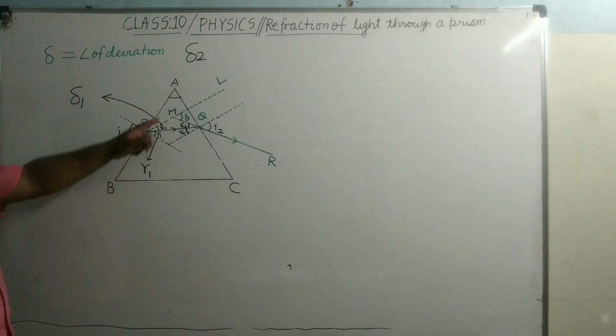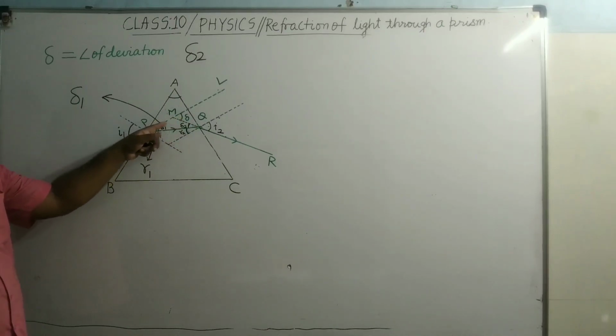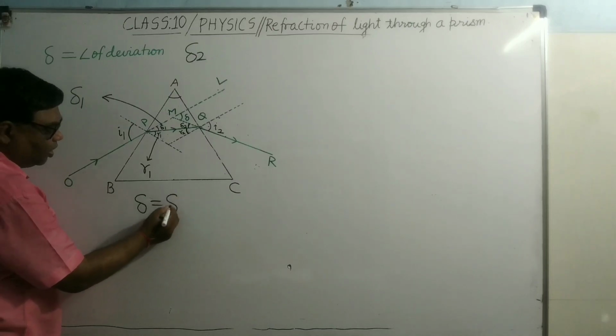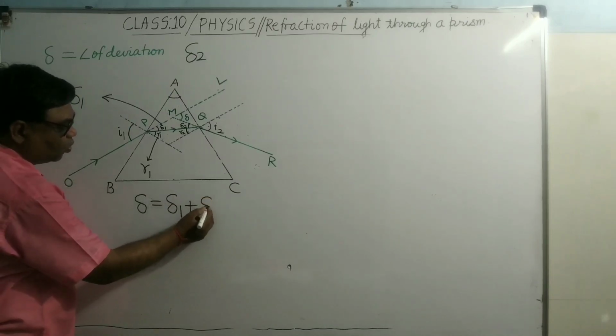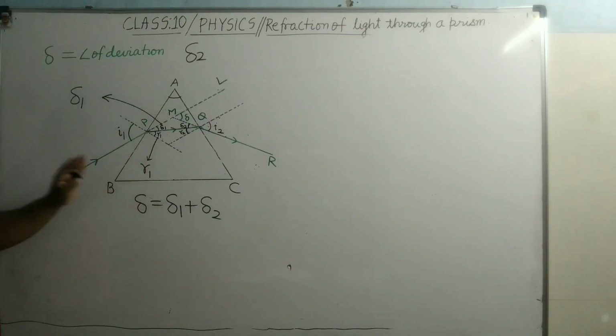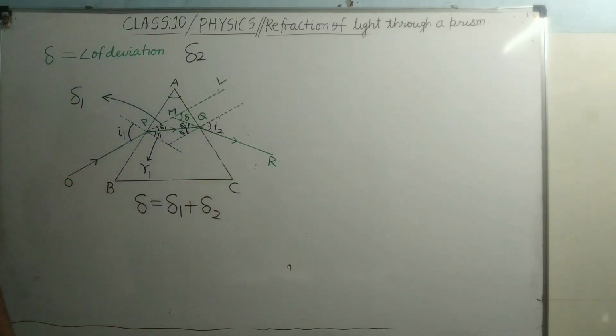So in this triangle MPQ, del will be equal to what? Del 1 plus del 2. Del equals del 1 plus del 2. Del is the total angle of deviation. Del 1 is the angle of deviation on the first surface AB. Del 2 is the angle of deviation on the second surface AC.